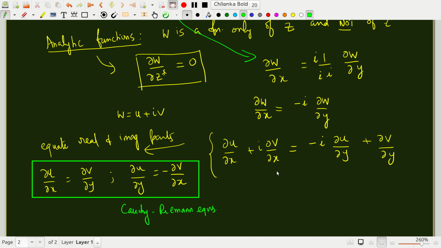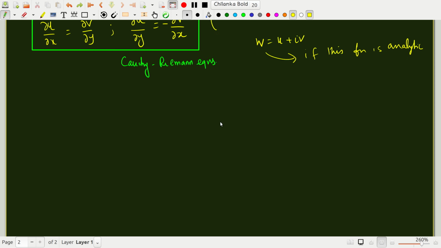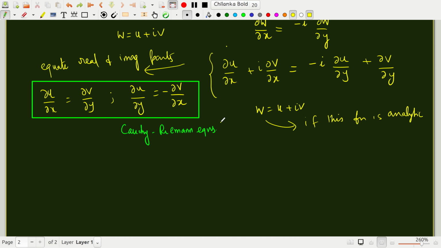equations. So if you have a function of a complex variable w is u plus iv, if this function were to be analytic, what is analytic? One way of thinking about analytic is w is a function only of z and not of z star. There are other ways of thinking about it. In the last lecture we discussed how we thought about getting the limit to be unique as you approach a point if you want to calculate the derivative.